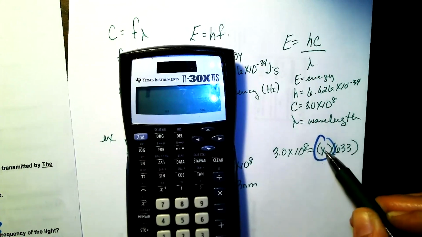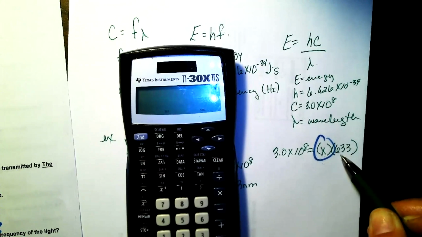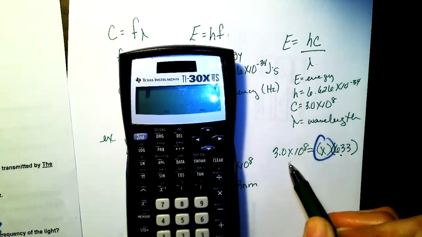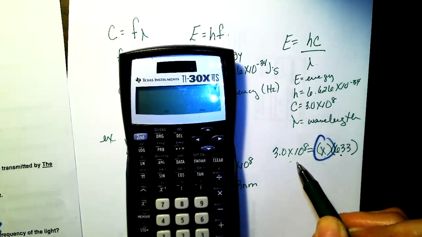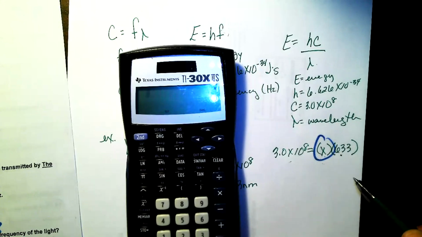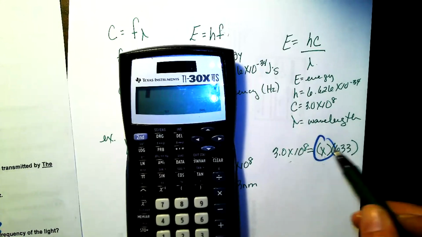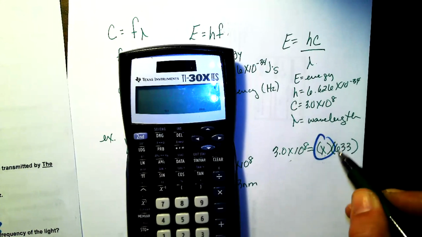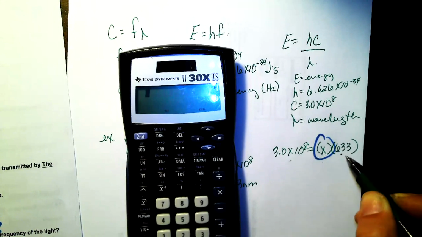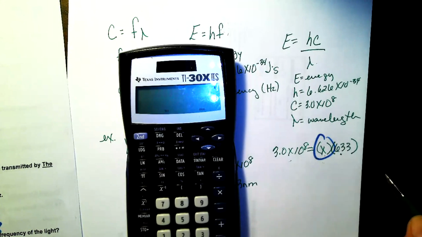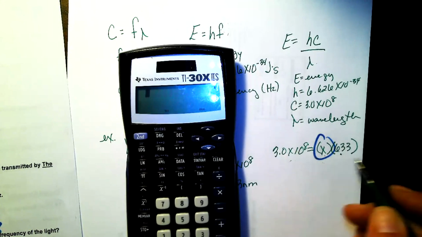All right, now getting back to our problem, we need to get X by itself. And so here, if we had X and multiplied it times 633, we get 3.0 times 10 to the 8th. In order to get X, we need to do the opposite of multiplying. So we need to get rid of this 633 and move it over to the other side.